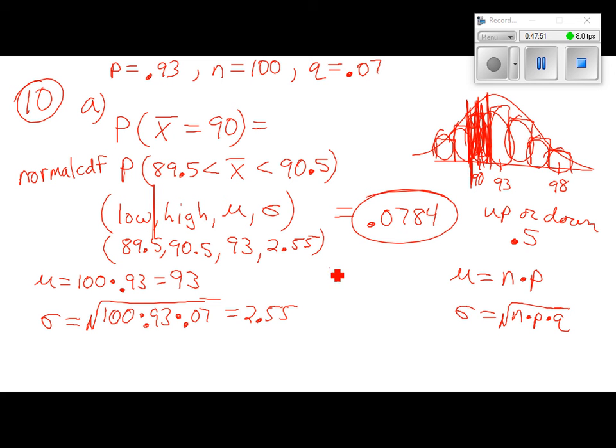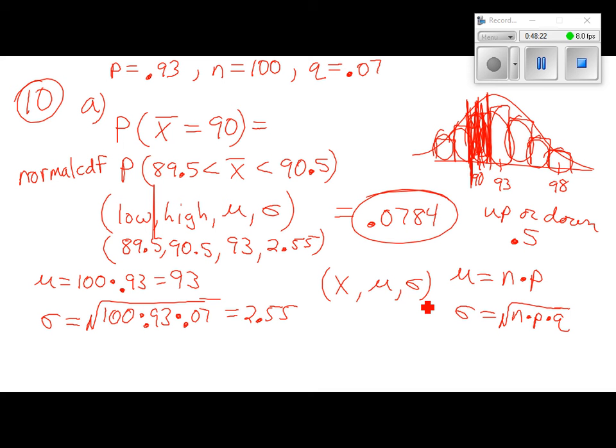Let's put in the score, the mean and the standard deviation, is that right? What score do we want this time? 90. What's our mean? 93. And standard deviation was 2.55.